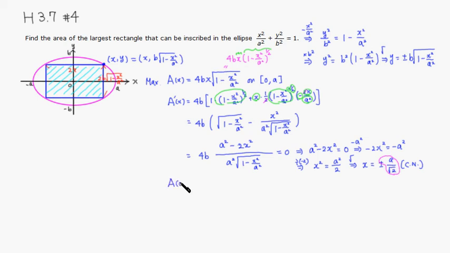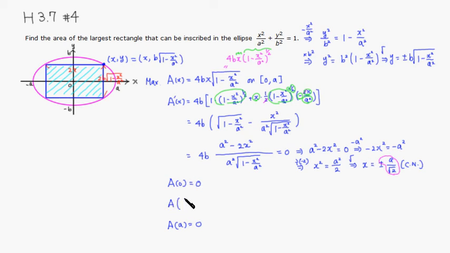A of 0 would be 0. Then how about A of a? If you plug in a, you have 1 minus a squared over a squared, so that's 0. So the area is going to be 0. So how about the critical number?